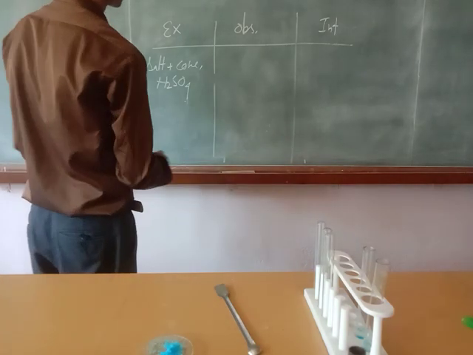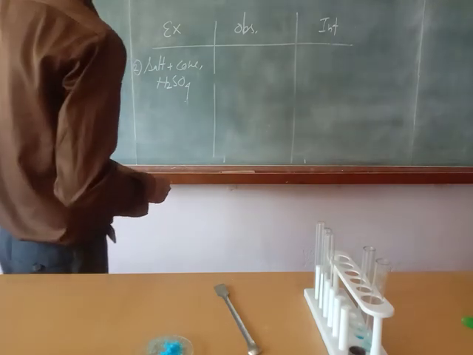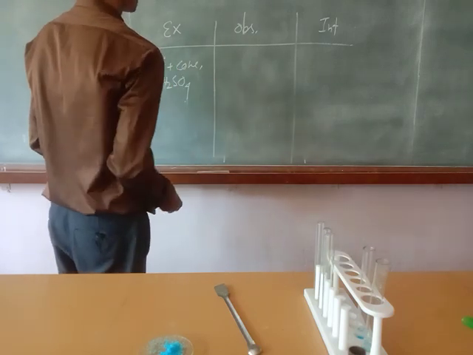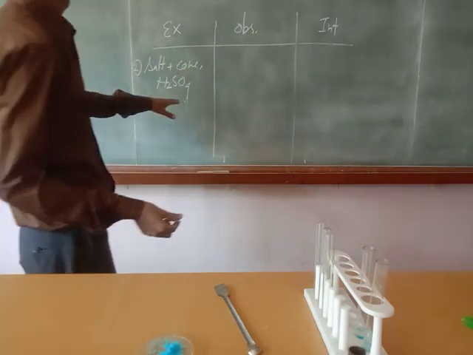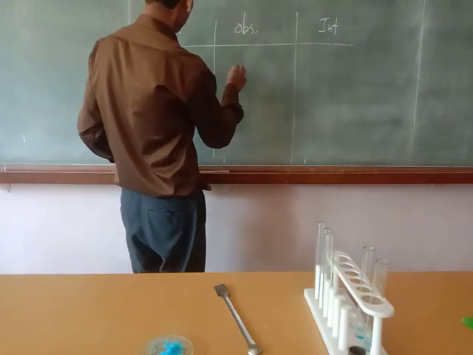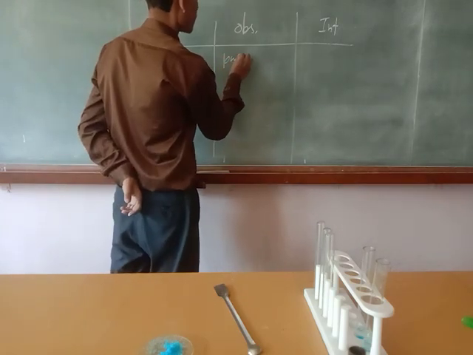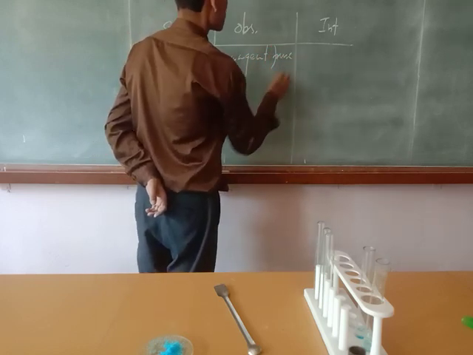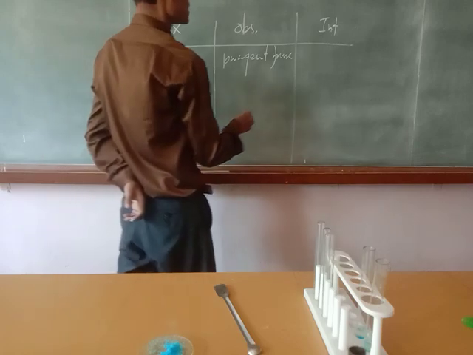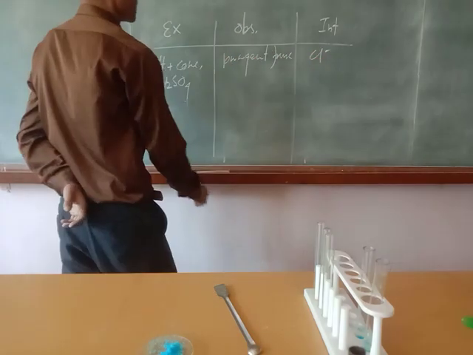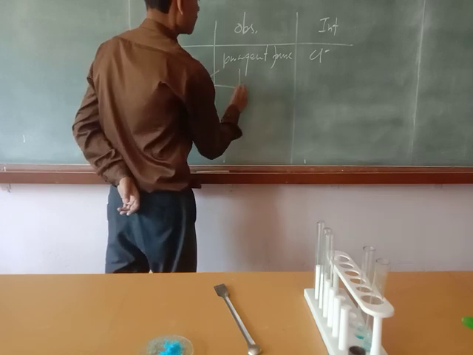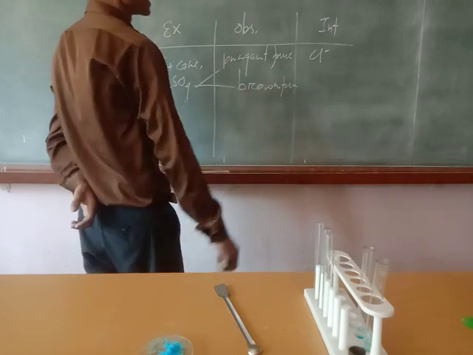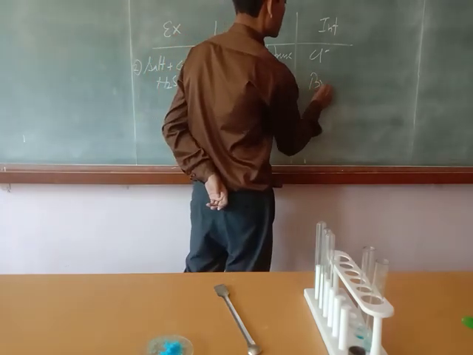Now see, the concentrated sulfuric acid test is for 4 radicals. At room temperature, after adding concentrated sulfuric acid, if you observe pungent fumes, then it indicates chloride. If you observe brown fumes, then it indicates bromide.